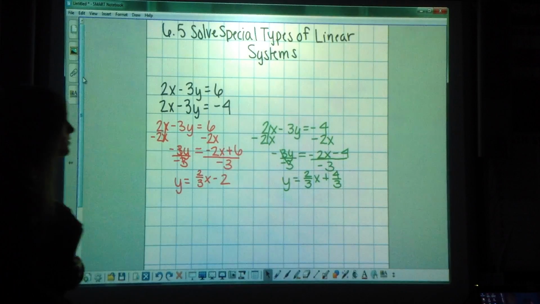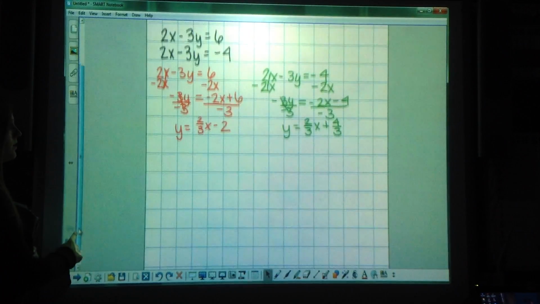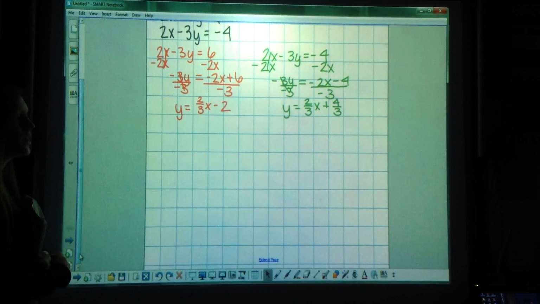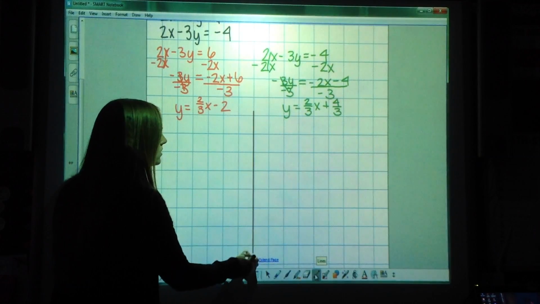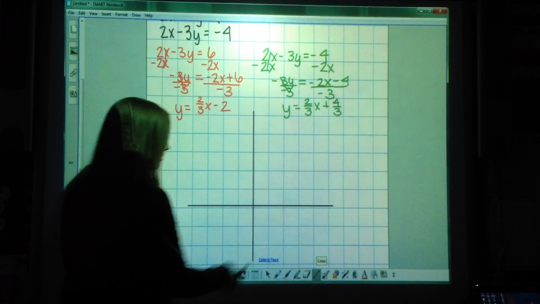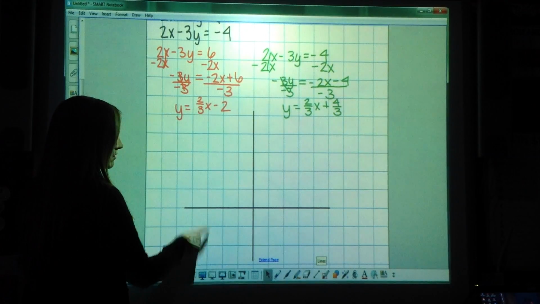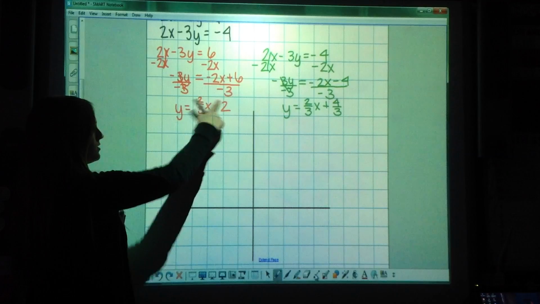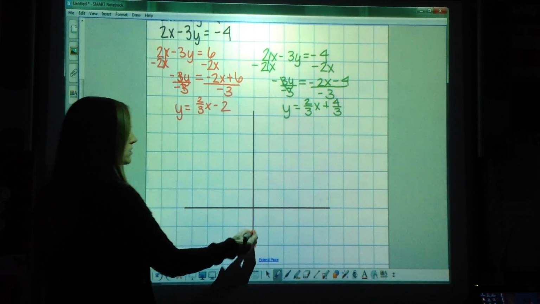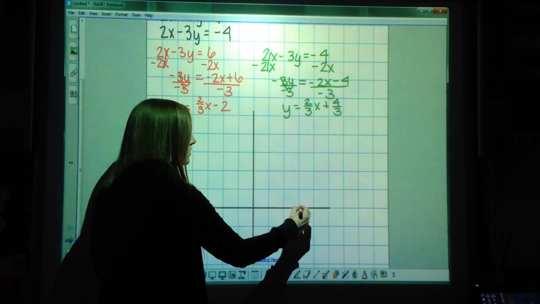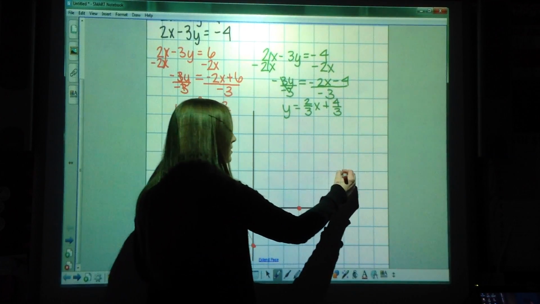Okay, so we get our solution when or where these 2 lines intersect when we graph. -2, that's our y-intercept, and our slope tells us to go up 2 to the right 3. Up 2 to the right 3.